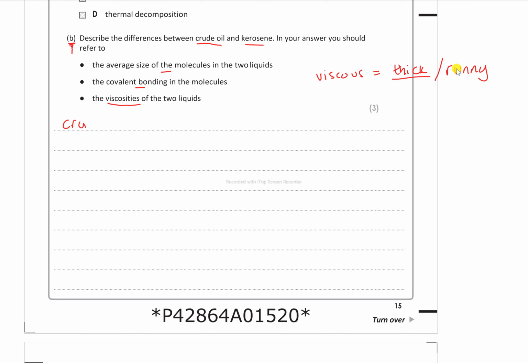First of all, crude oil has large molecules. Because they've got larger molecules, they have more.